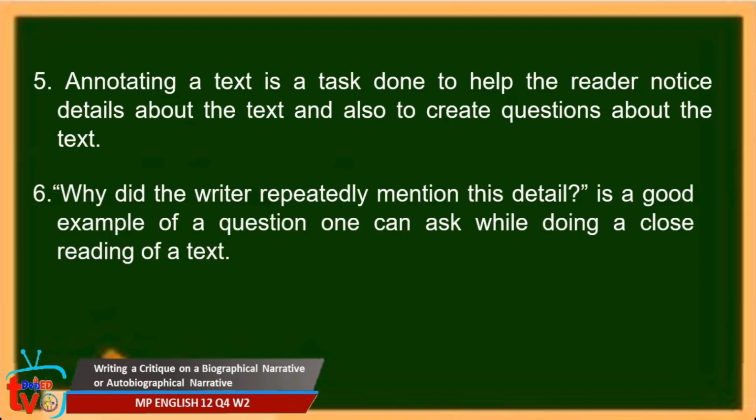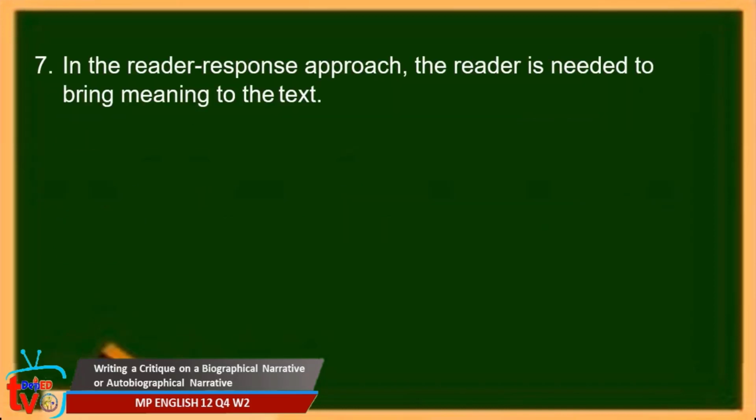Why did the writer repeatedly mention this detail? Is a good example of a question one can ask while doing a close reading of a text. Number 7. In the reader response approach, the reader is needed to bring meaning to the text. True or false?